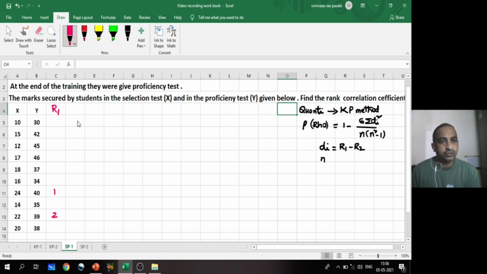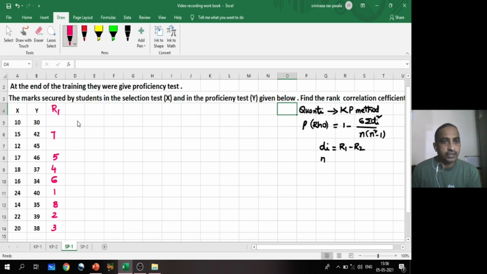After 22, 20 is the highest mark, so 3. After 20, 18 is the highest, so 4. The next is 17, rank 5. After 17, 16 is 6. Next, 15 is 7. After 15, 14 is the highest mark, so 8.